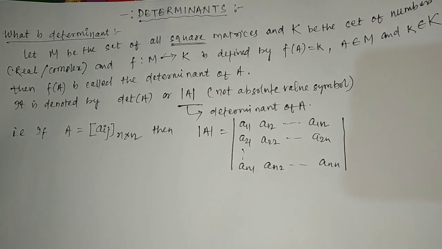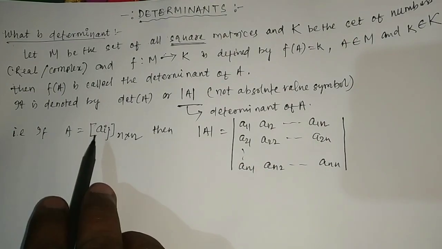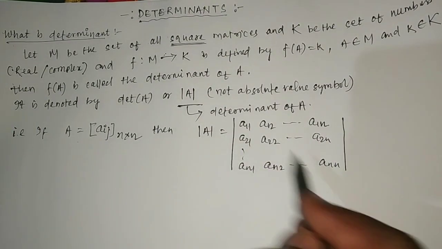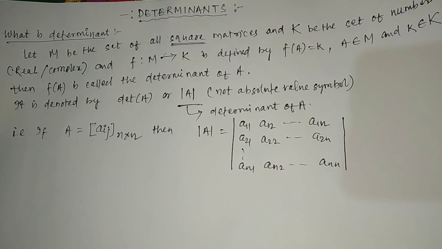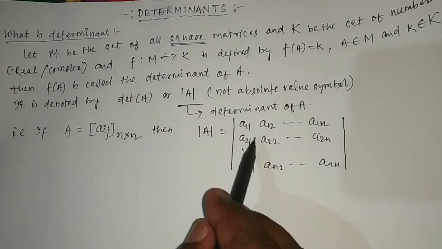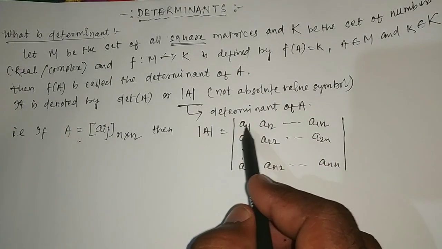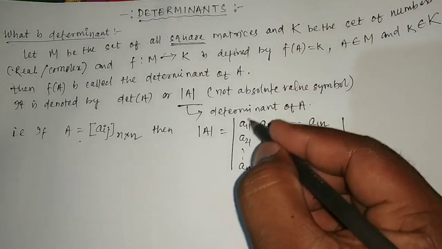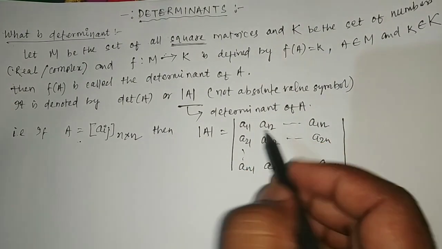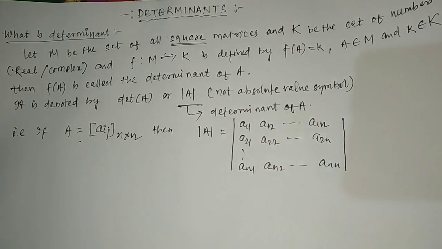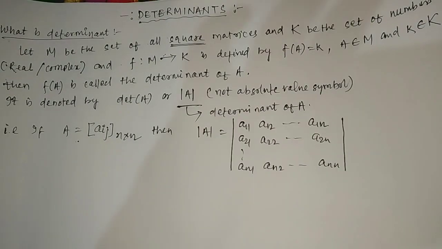That means the elements of the matrix A are written in between two vertical lines. These are all the notations of determinants. Similarly, the vertical lines are called columns, and the horizontal lines are called rows of the determinant.